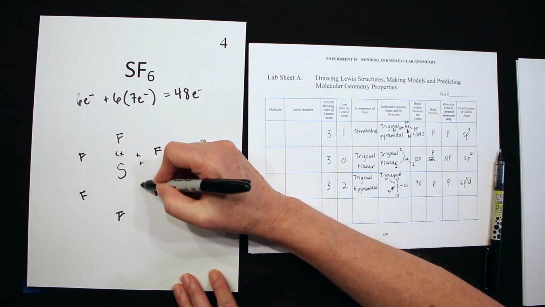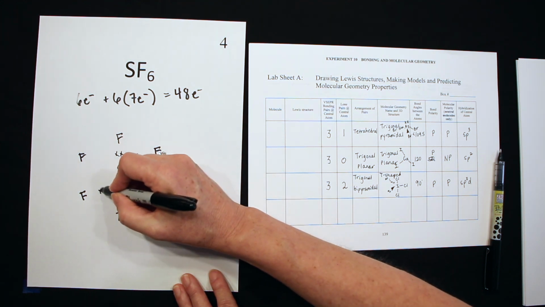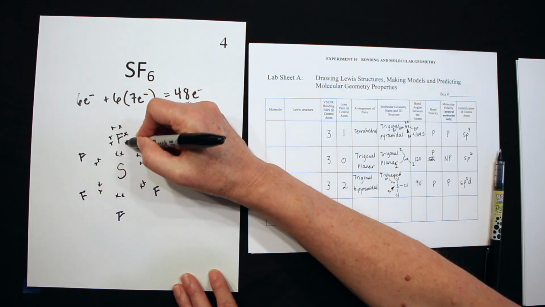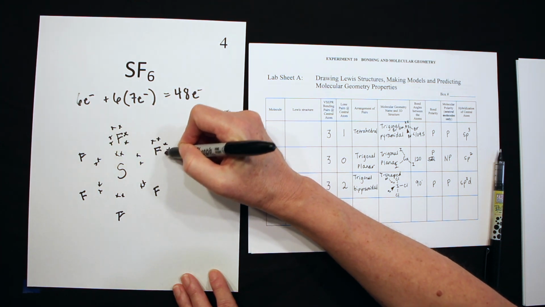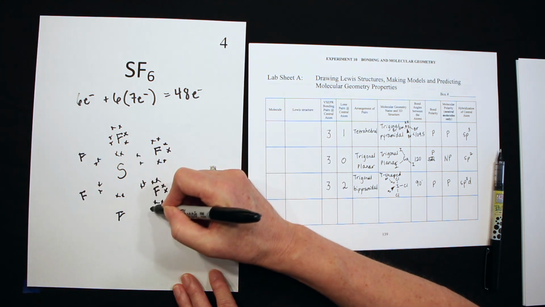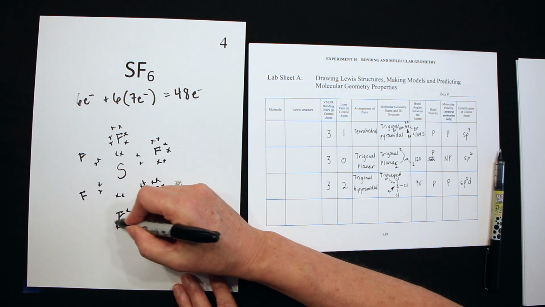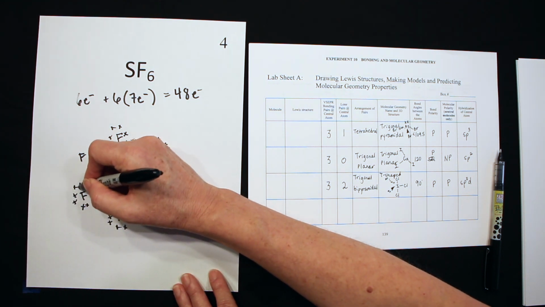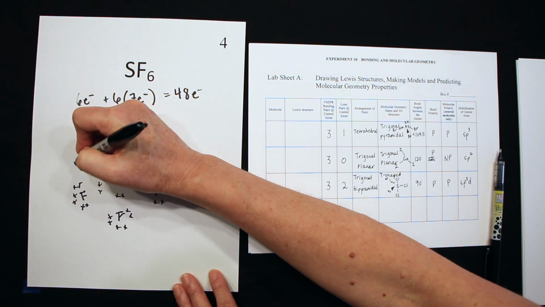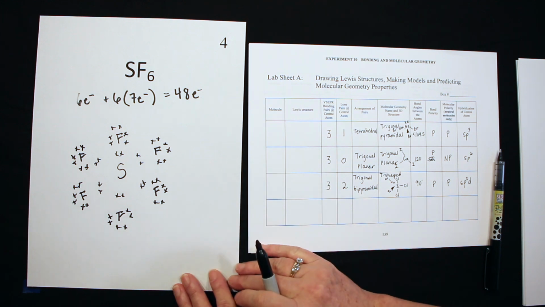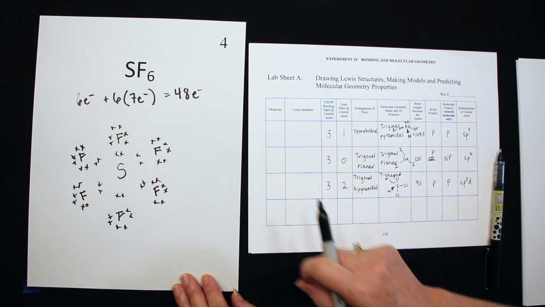You'll put 2 in each bond, and then fill the octets of the outer atoms. We'll count the electrons, and we have 6 times 8 is 48.